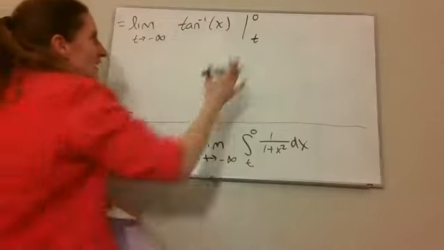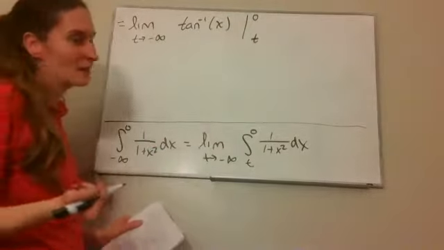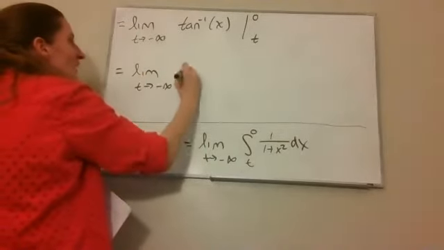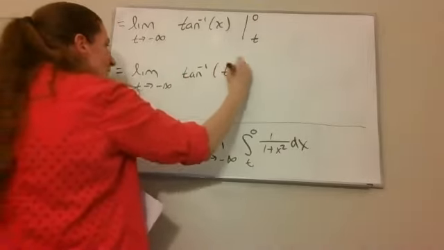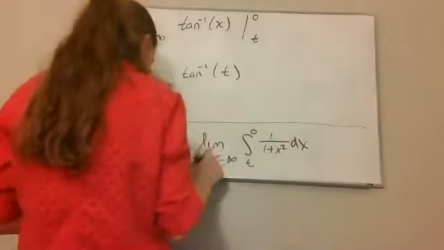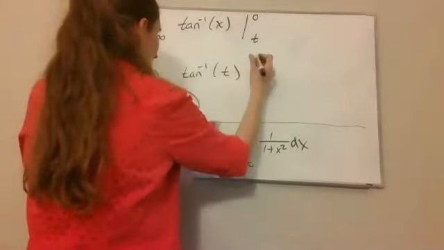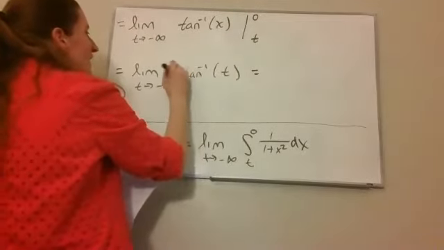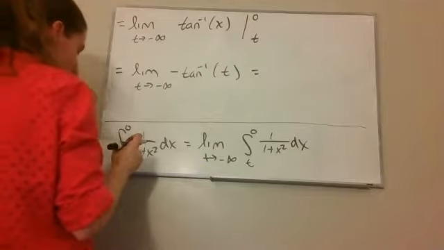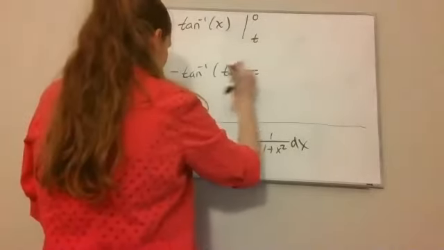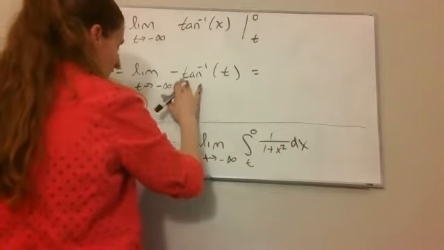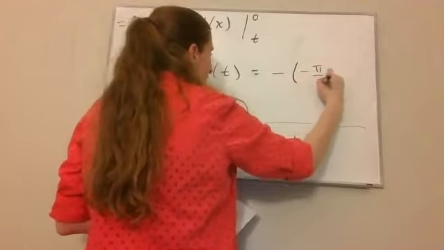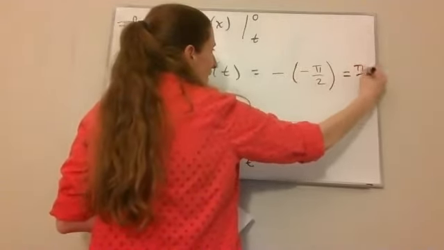Now, when I plug in inverse tangent of 0, I'm going to get 0. So I just have a limit as t goes to negative infinity of the inverse tangent of t. I forgot my minus sign, so I was subtracting that lower bound. So this is equal to the limit as t goes to negative infinity of negative inverse tangent of t. That's negative negative pi over 2, and that's just pi over 2.